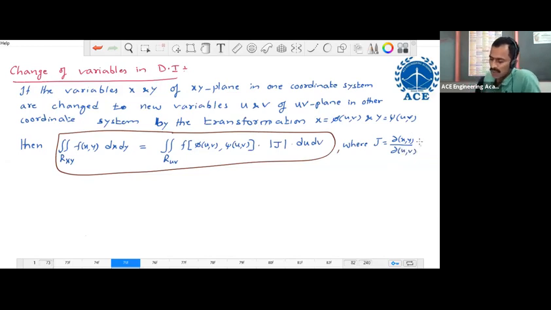Now here we require the Jacobian of transformation. It is the conversion of one coordinate system to another coordinate system in a double integral.